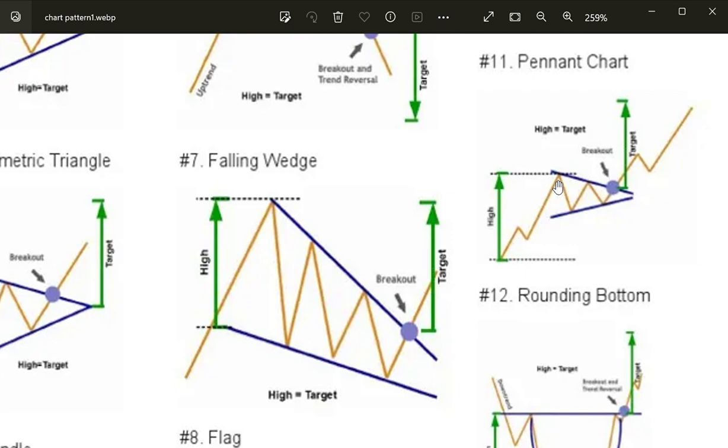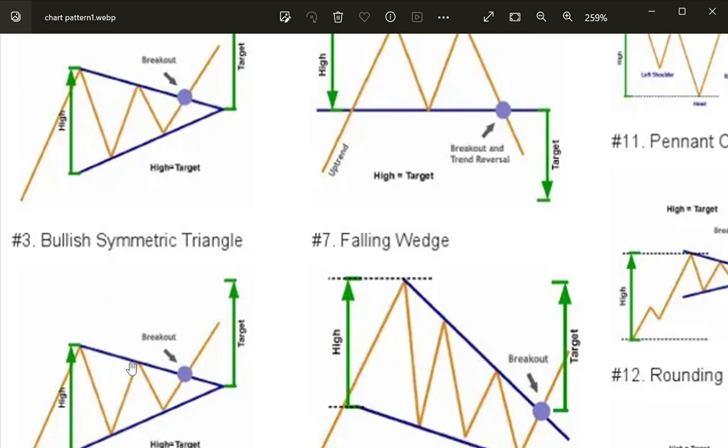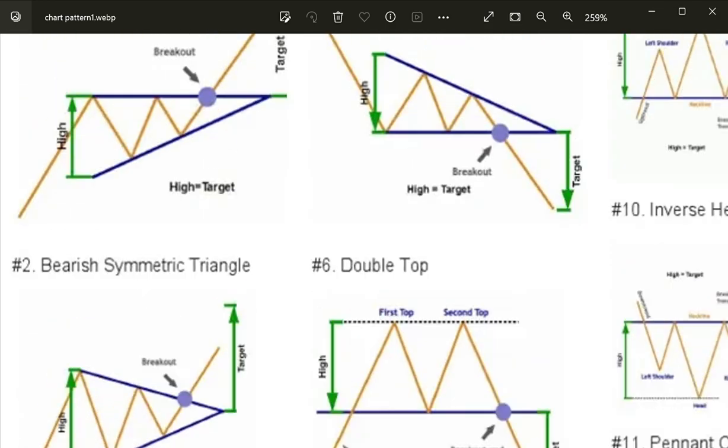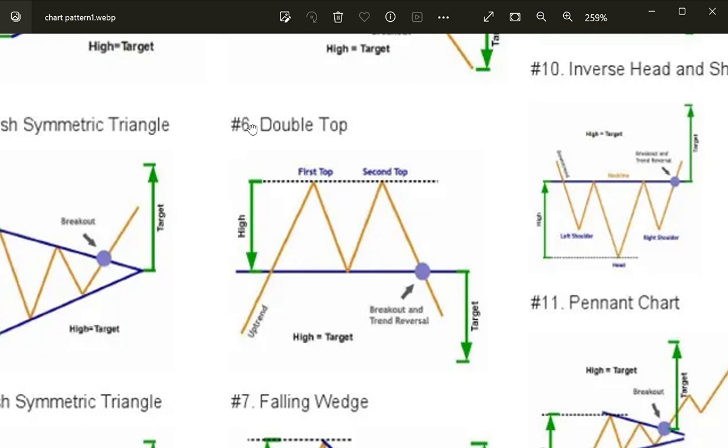Because most of these is just a triangle. It's creating a wedge, which is squeezing the price so the pressure builds and decides if it's going to shoot up or shoot down. So all these are triangle wedges. That's all these are.